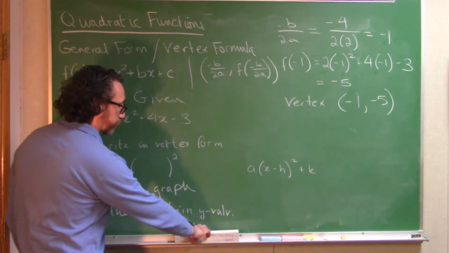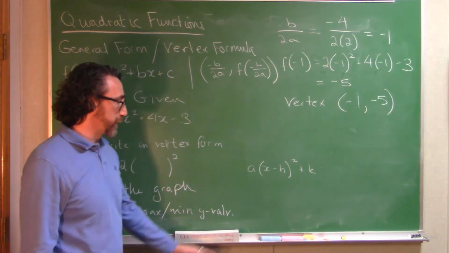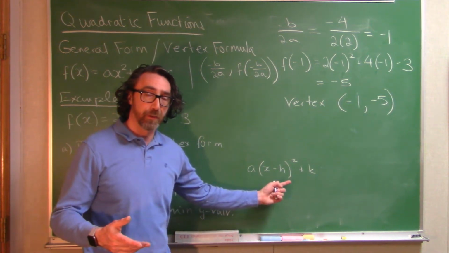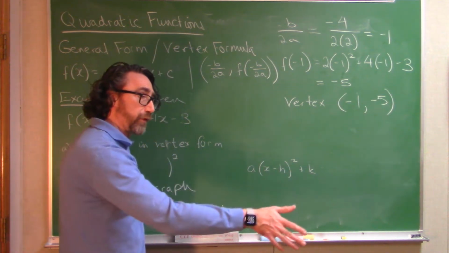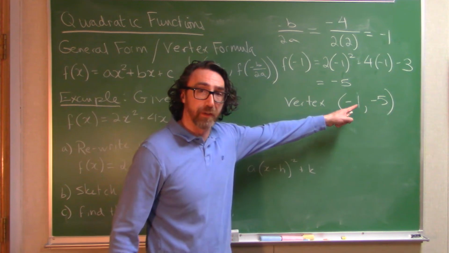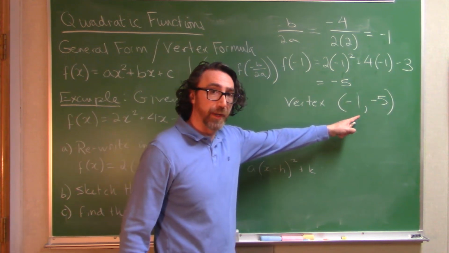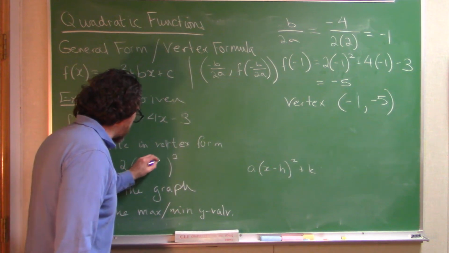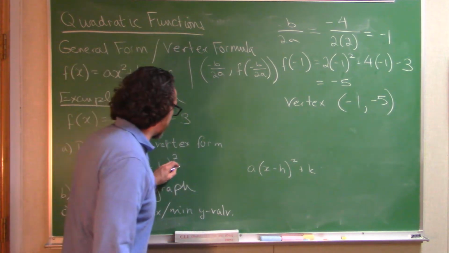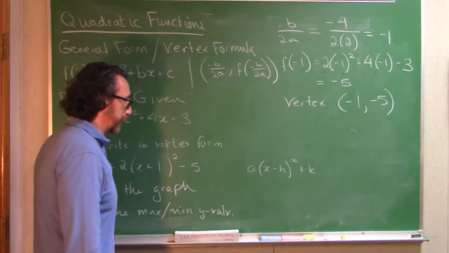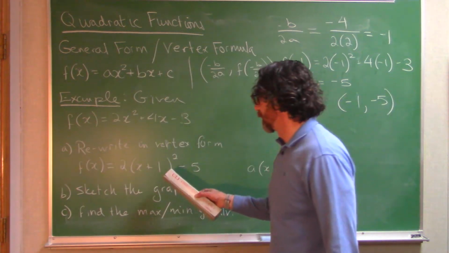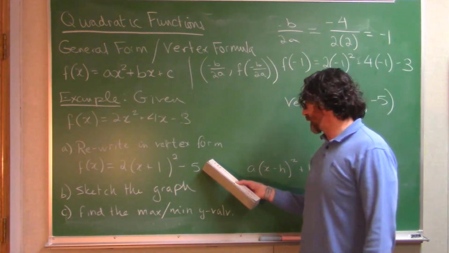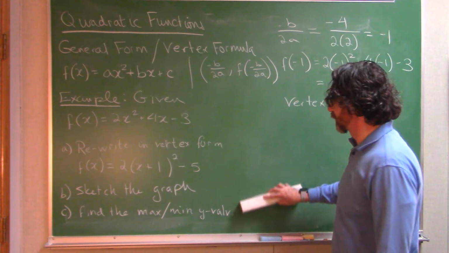Now, if we remember this scheme, subtracting would move my graph to the right, but I've moved to the left because my vertex is at -1. So this would be x plus 1 squared and then -5. And so that is the equivalent function in vertex form.